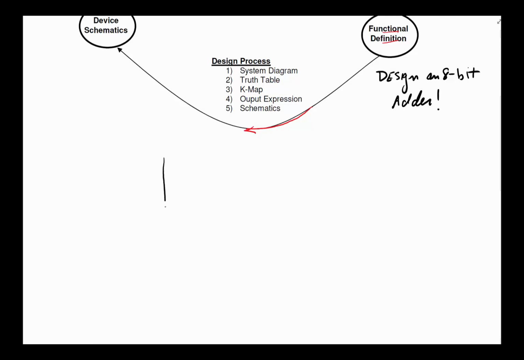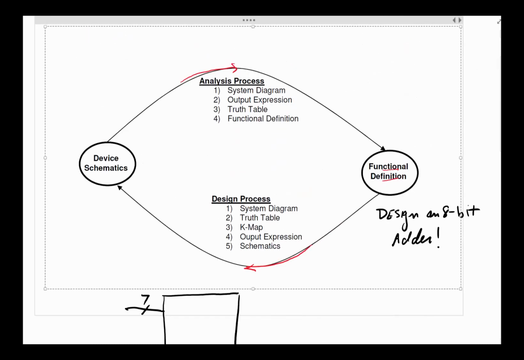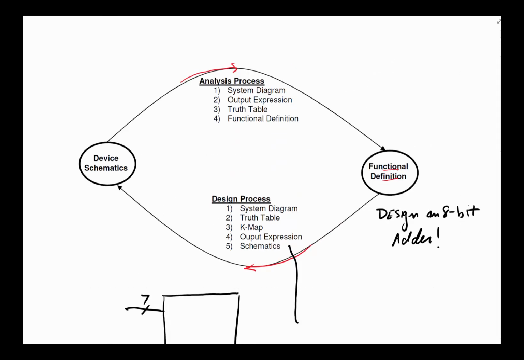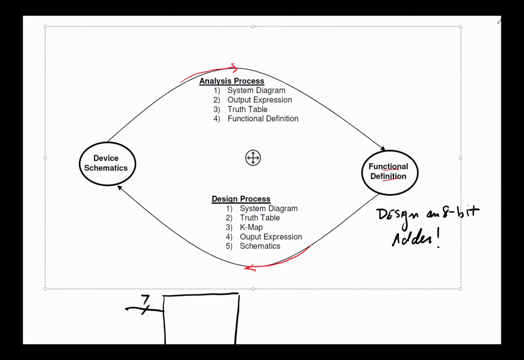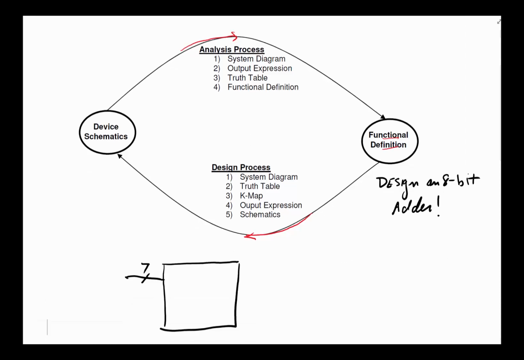Well, the system diagram for the 8-bit adder is going to be basically, and this is a shorthand, instead of me drawing 8 lines to show one operand and another 8 lines to show the other operand, we want to do an 8-bit adder.